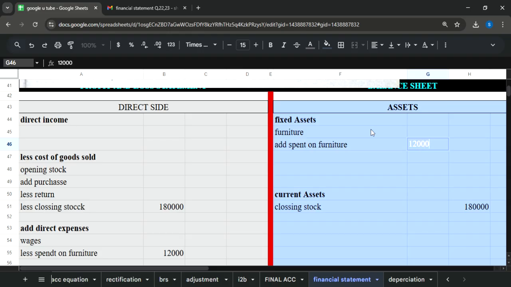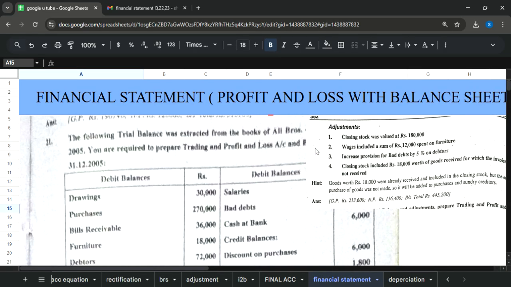So you have seen that we have subtracted this amount from wages because actually it was not related to wages. We have added it to the account with which it was actually related, that was furniture. In this way our adjustment number 2 has been sorted out.